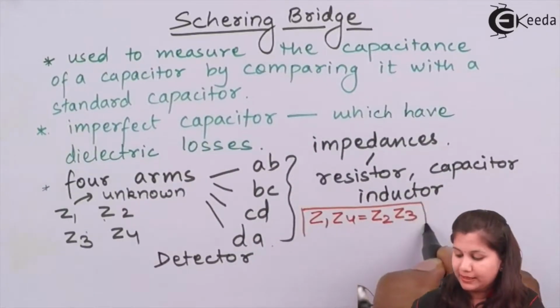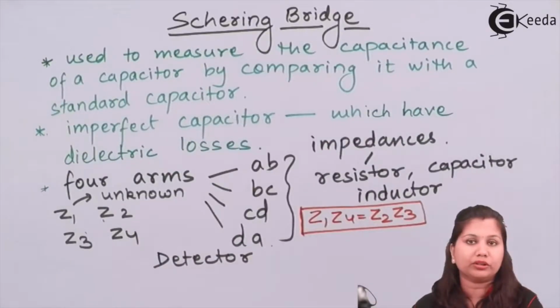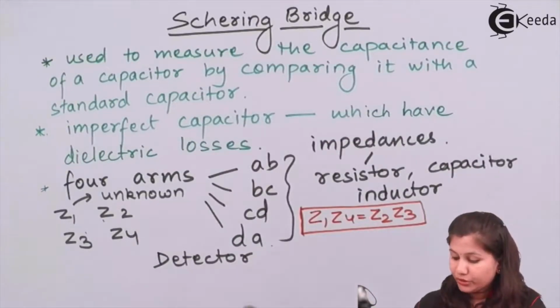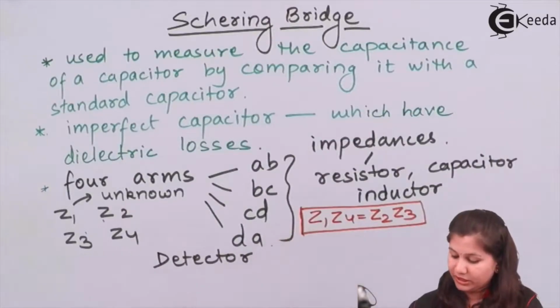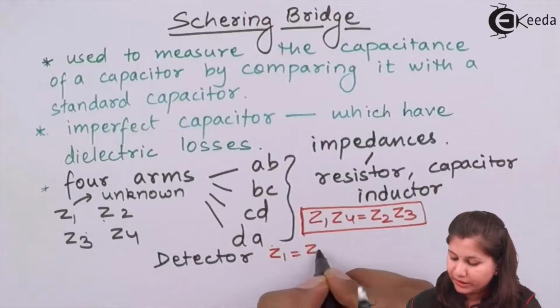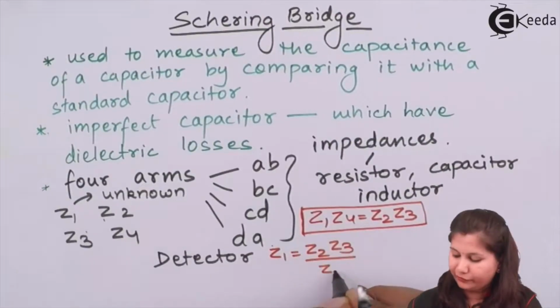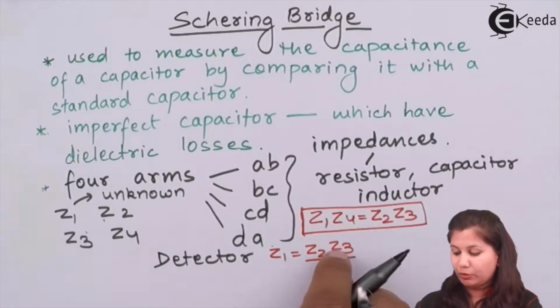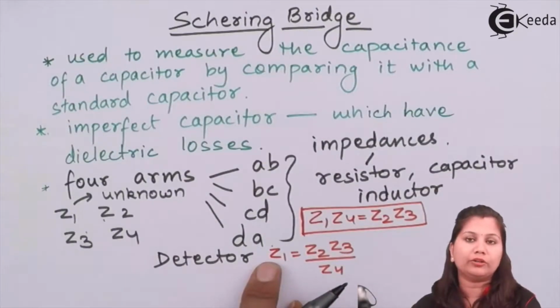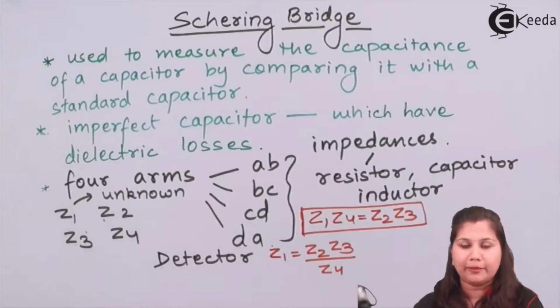So when the bridge is balanced, this is the balance equation, and using this equation we can find out the value of the unknown impedance. You can see Z1 will be equal to Z2 Z3 upon Z4. So we will simply put the value of the impedances in this equation and find out the unknown impedance through this bridge. Now this was the work of the detector. The detector was used to obtain the null condition or the balance of the alternating current bridge.